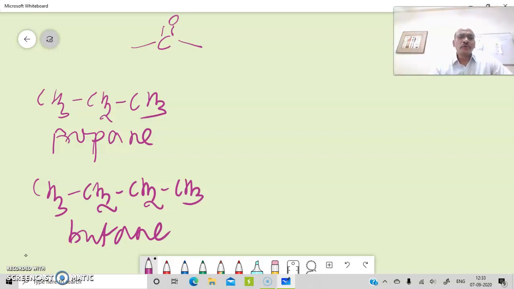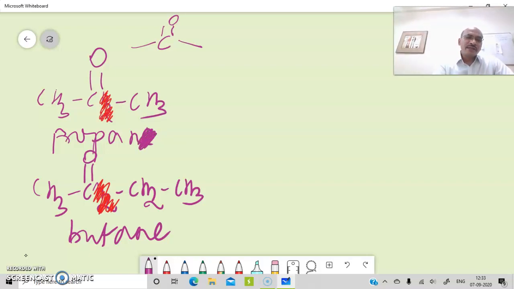Okay, how can we change them into ketone? For that we have to do little modifications. What kind of modifications? Just see what I am doing here. I am removing the hydrogen atoms of the middle carbon, and there I am writing C double bond O, so that it is not propane, it is not butane. Now what modification do we have to do?